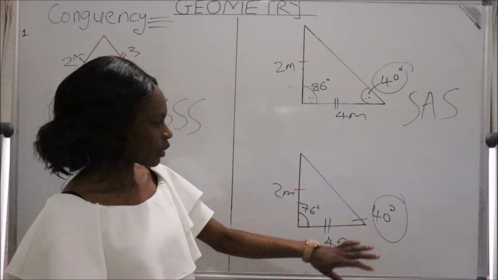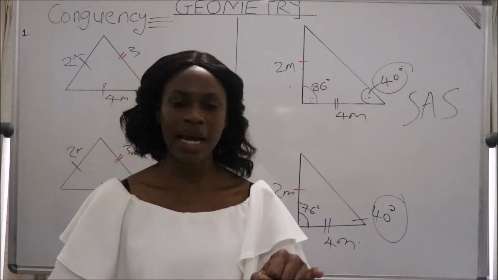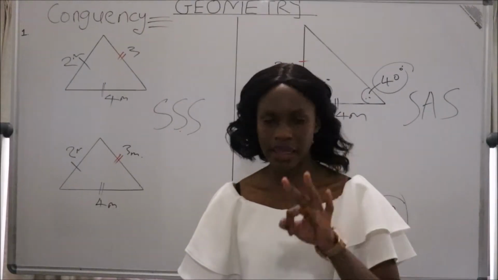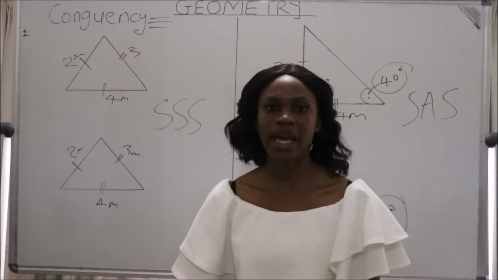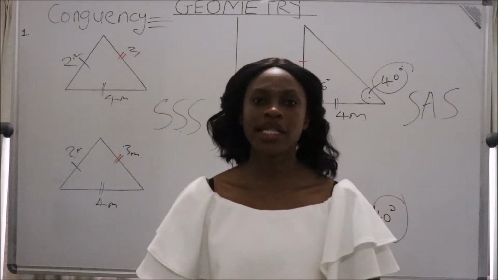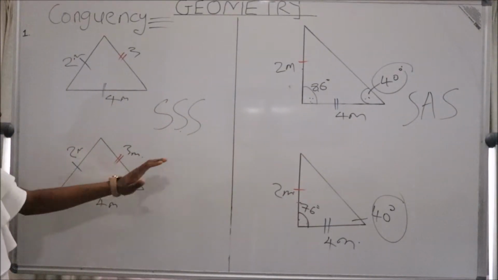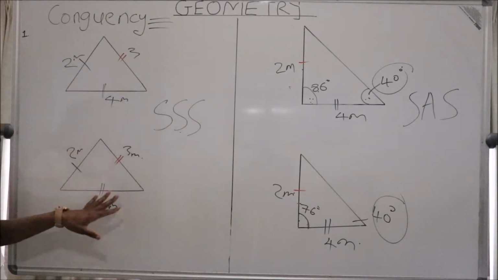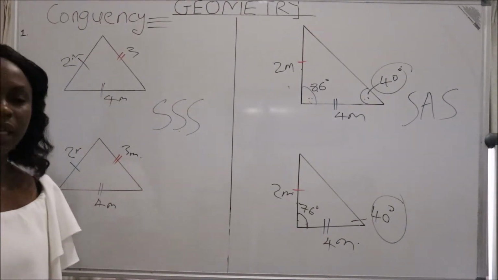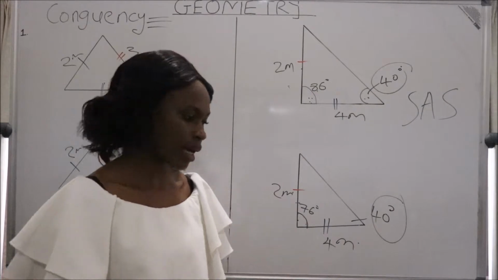For this rule, it's side, the included angle, and the other side. If it's any other angle which is not the included angle, the two triangles are not congruent to each other. So the reason for this one is side angle side, and for the first one, remember, all sides are equal, and the reason for that is side.